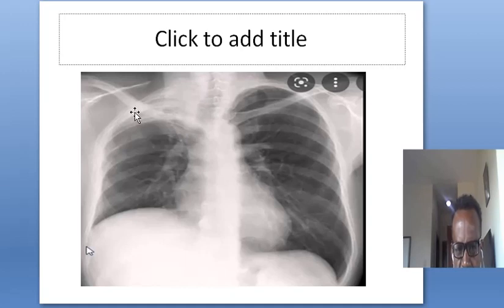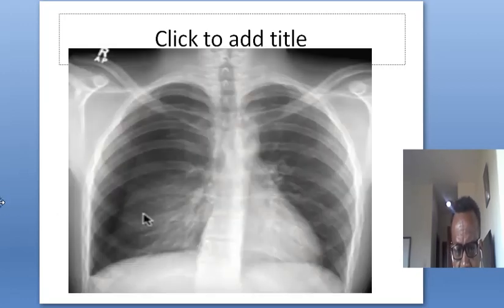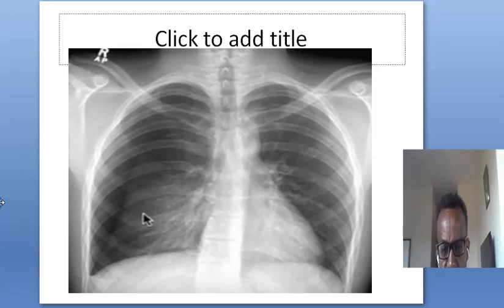So here we have significant lung fibrosis. This fibrosis may not be clearly visible, but if you look at the volume, you can easily guess what is going on in the right lung. You may also suggest other investigations to see the detailed pathology, like a CT scan of the chest.